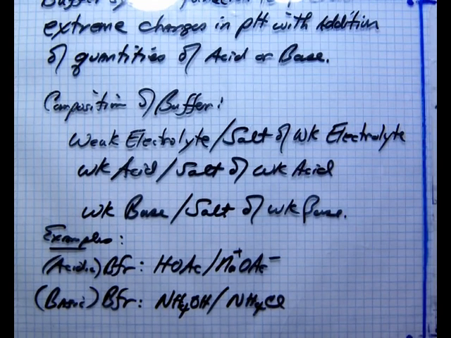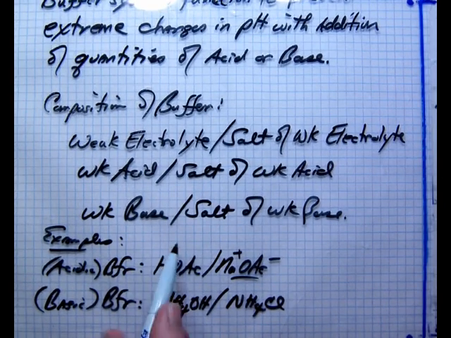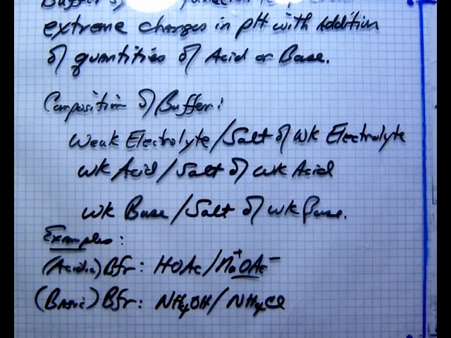Now, when the composition contains the weak acid and the salt of the weak acid, or weak base and salt of the weak base, the anion, if it's an acidic combination, will function to retard further ionization of the weak acid.